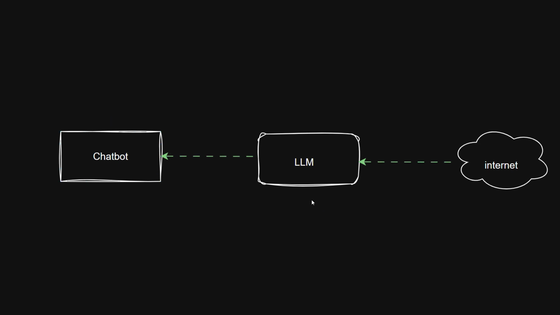And using that information, the LLM answers the query, which is written back to the chatbot. So this is how a simple plain vanilla chatbot works, which is using the whole internet information as the information repository, and it knows everything. You ask anything, it will be able to answer.